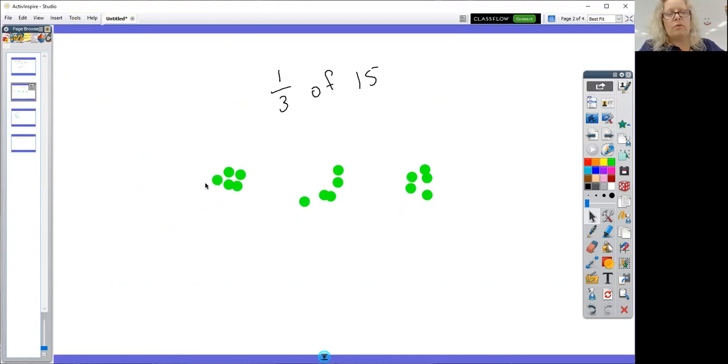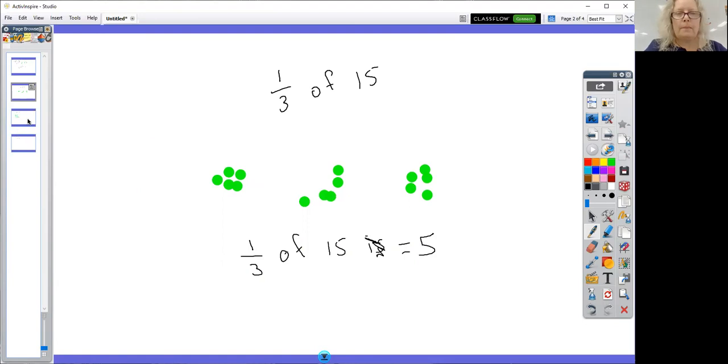All right, there they are, 3 groups. So a third of 15 is how many is in each group, and that is 5. I'm going to write that down. A third of 15 equals 5.